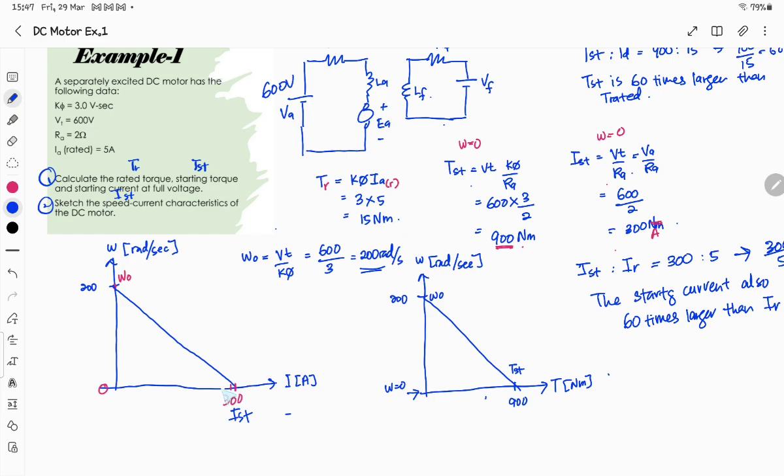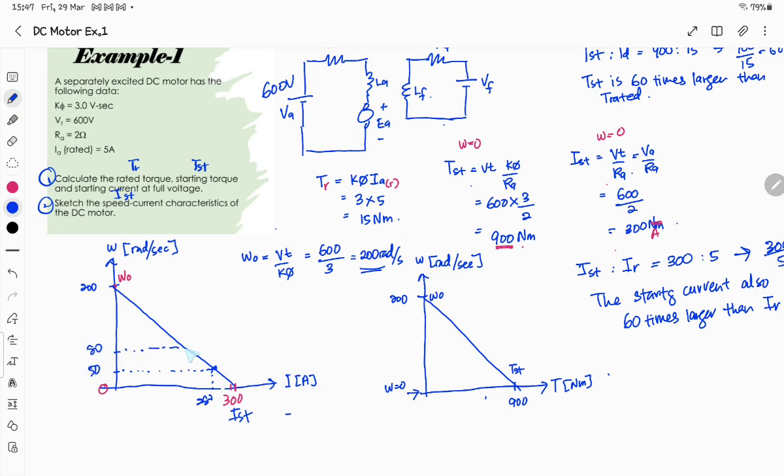So now from 300, let's say from here, from 0, previously it is 300 ampere, and it will reduce to like 280 maybe. Then the speed starts to increase from 50 to 80.